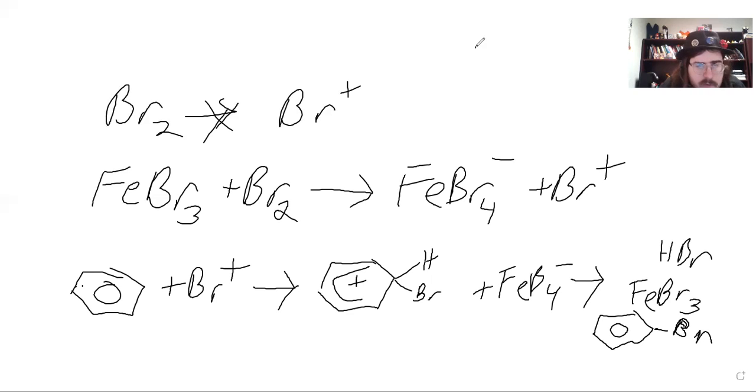What we'll see is it's typically going to add at the ortho and para positions, especially if it's already substituted. But we'll see this in a minute. We need heat, but at this final step, we get a lot of heat right back.